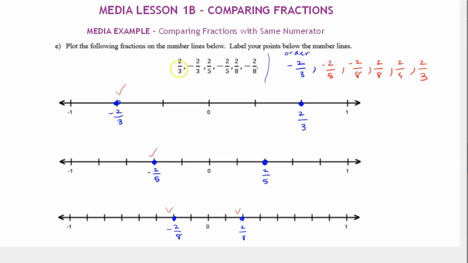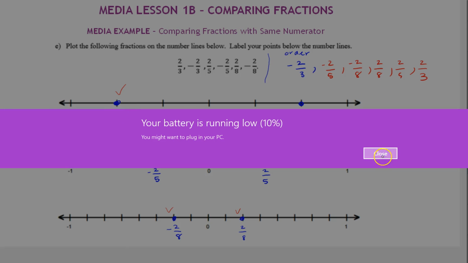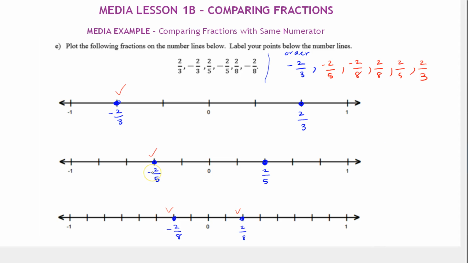But if we reflect it across 0 and take the opposite, it's going to be to the left of -2/5. So for the negative numbers, the smaller the numerator, the smaller the number. And then when we get to the positive numbers, the smaller the numerator, the larger the number.